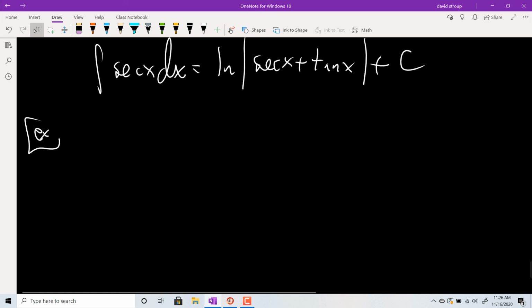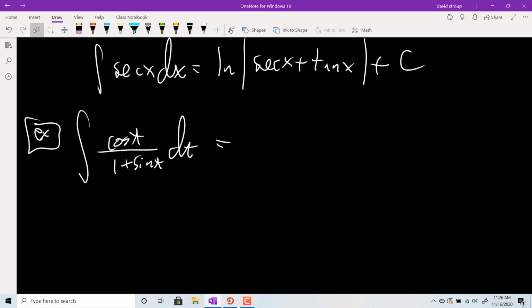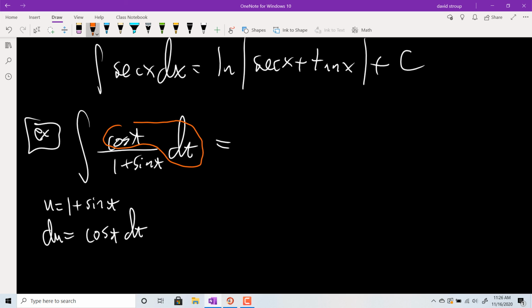So another example here: integral of cosine of t all over 1 plus sine t dt. And so I'll let u equal 1 plus sine t, and then du, that 1 will go away, and you're just left with cosine t dt. So again, that is basically just the numerator there, cosine t dt.